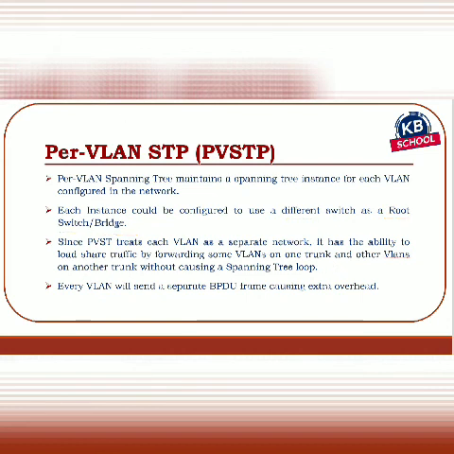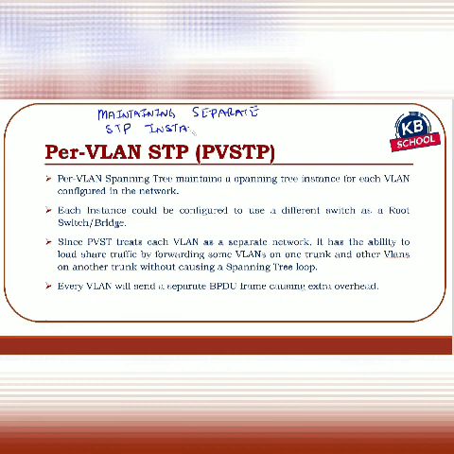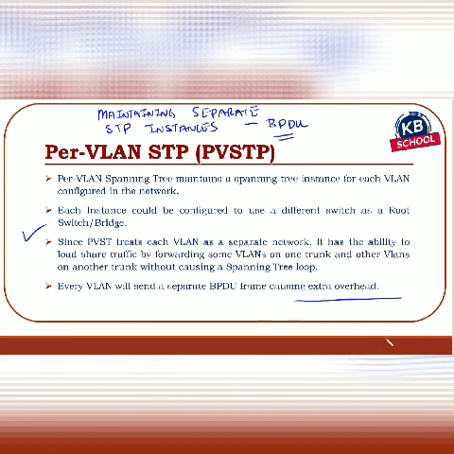Maintaining separate STP instances. So multiple BPDUs will be sent. So that's the drawback. It's the overhead that will be caused by doing this, PVST. But it's the price that you pay for utilizing all the links and keeping a loop-free environment and having redundancy.